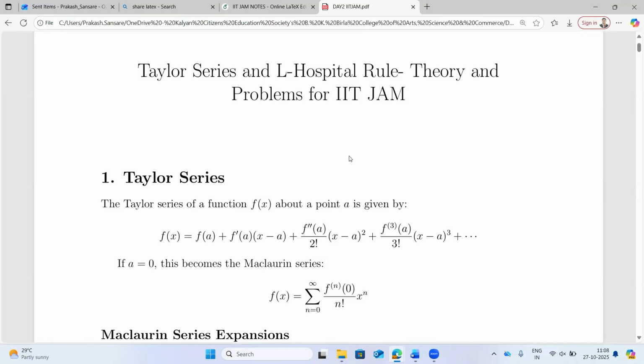I really don't know the level of understanding of the participants, since it's an online mode.